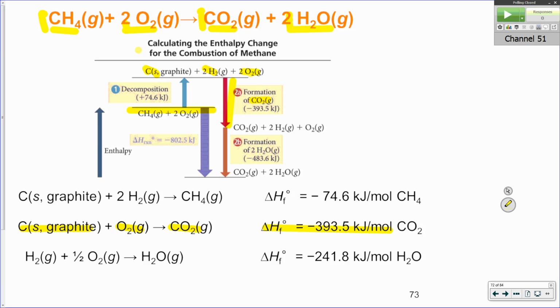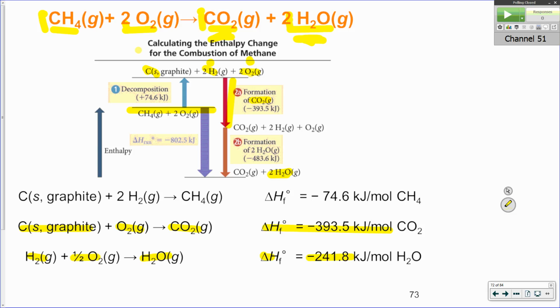Now I need to make the water. So I'm going to take some hydrogen and oxygen and put those together to make water. So hydrogen plus a half of an oxygen yields water, and I look up in the table and find it's minus 241.8 kilojoules per mole.